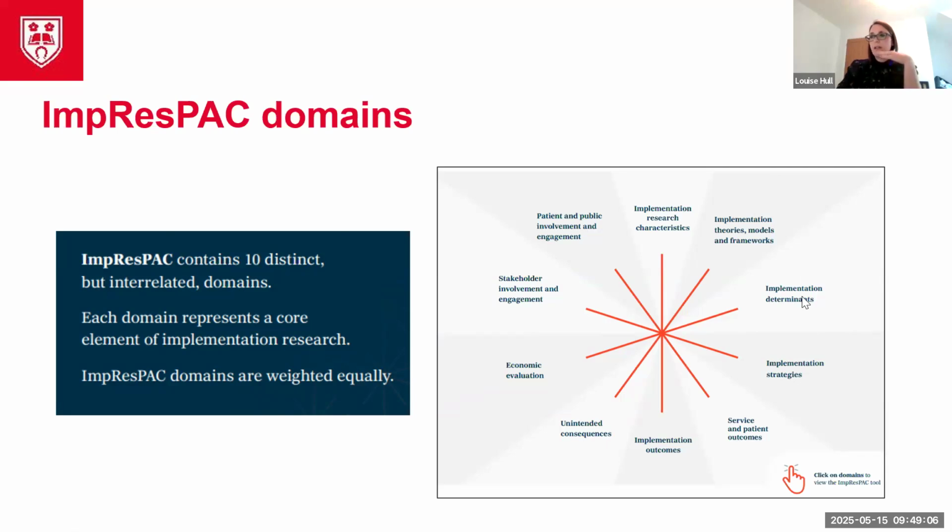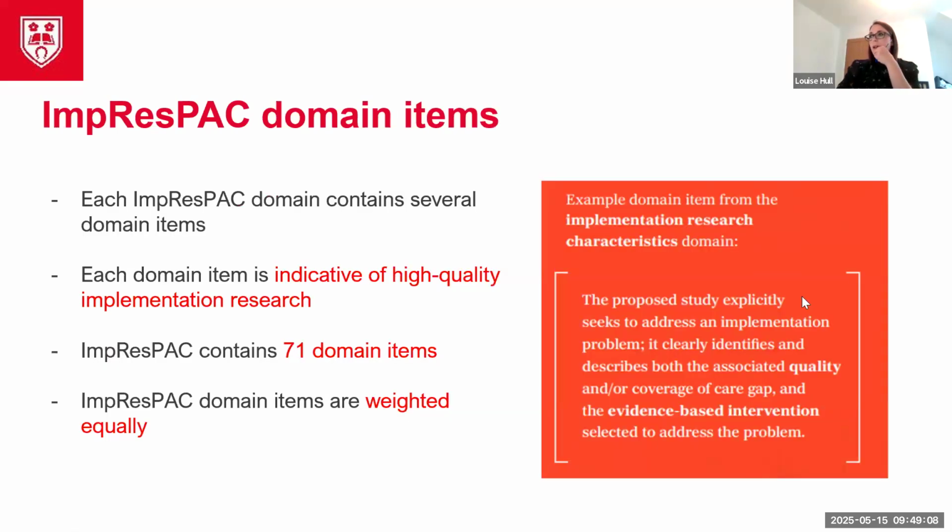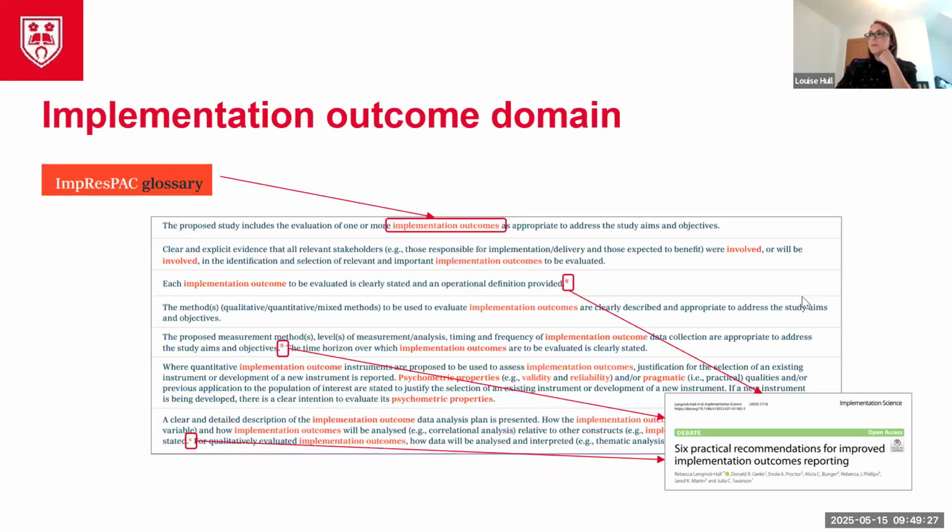And as I said, those domain items are equally weighted. And then, as I've just said, ImpResPAC contains 71 domain items across those 10 domains. They aren't equal, so some domains have more criteria than other domains, but the domain items, like the domains, are equally weighted. So this is what one of the domain items looks like.